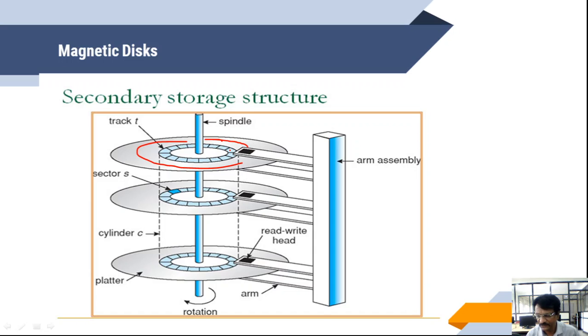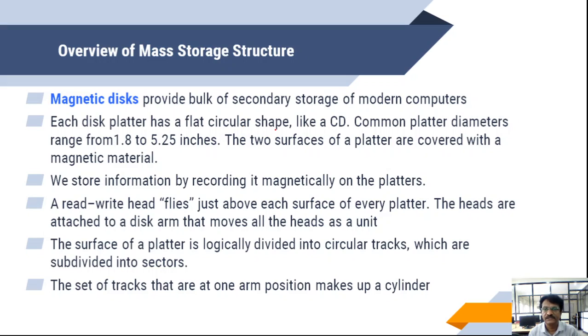In terms of measurement, the diameter of a common platter ranges from 1.8 to 5.25 inches, depending upon the type of hard disk we are using. The two surfaces of the platter are covered with a magnetic material. This magnetic material is responsible for reading and writing the data.